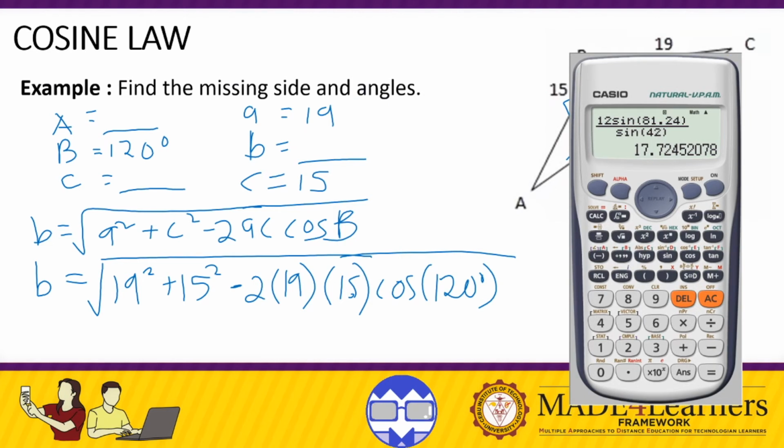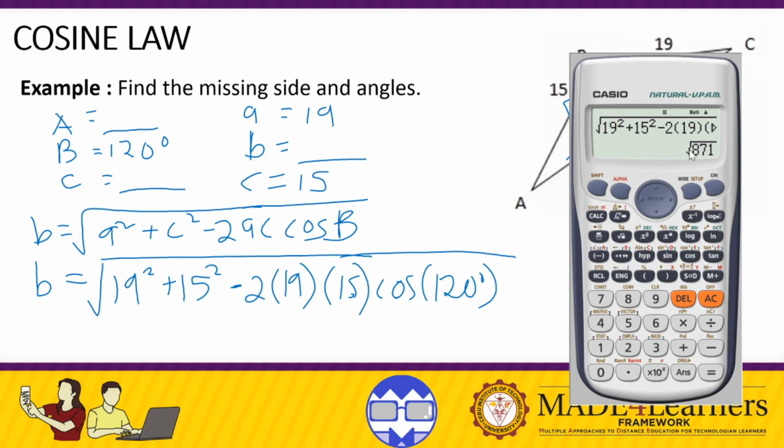So we have square root of 19 squared plus 15 squared minus 2 times 19 times 15 cos of 120 degrees.